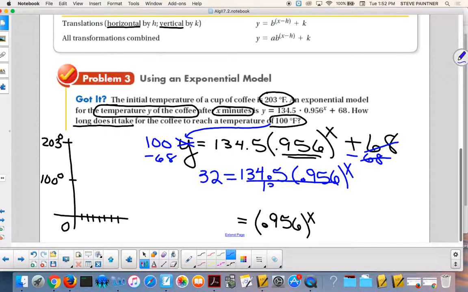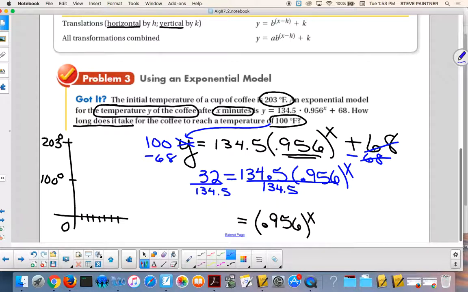Okay, 134 what? 134.5. Now you get 0.956 to the x power equals what? What's that divided by that? 0.24.